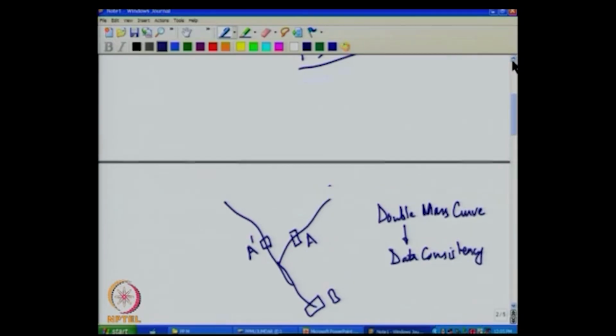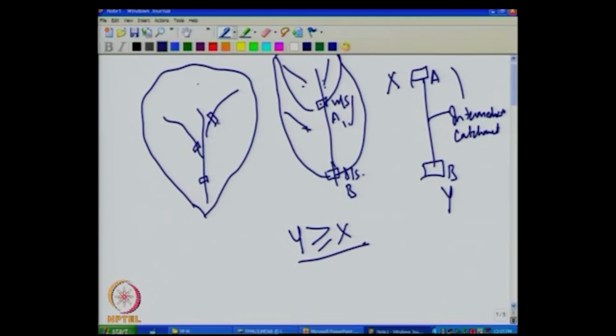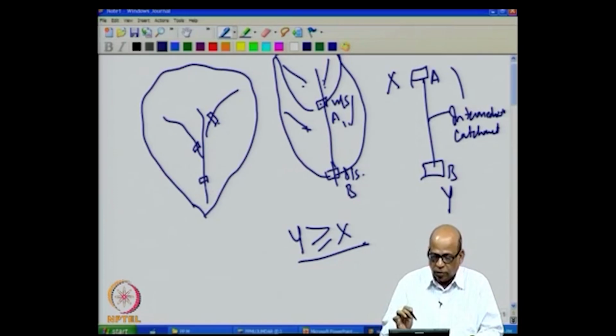Now, remember when we are doing a data consistency check for any basin like this, we are assuming a hydrologic homogeneity, in the sense that the runoff generating mechanism at each of these locations is the same, which means the land use pattern is the same, the rainfall pattern is the same, etc. If the region is hydrologically homogeneous and yet we do not get such a situation, then it means 2 or 3 things.